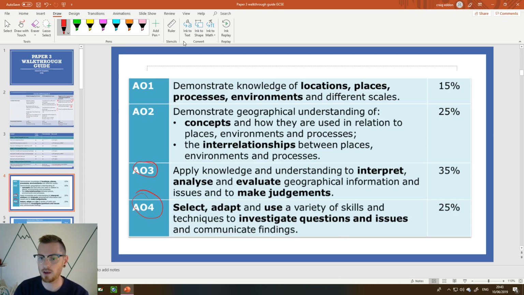You're going to apply that knowledge to be able to interpret, analyze, and evaluate geographical information, i.e. the resource booklet, so that you can make some judgments. And you'll do that using AO4, which is your ability to use a variety of skills and techniques to investigate questions and issues to communicate your findings. So this paper is all about AO3 and AO4 and bringing those together.